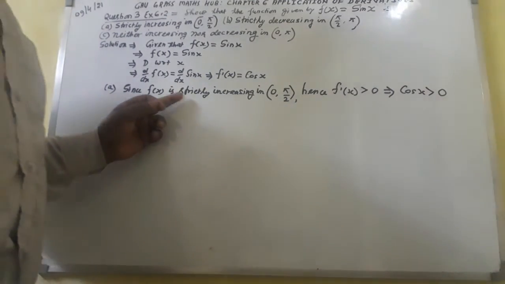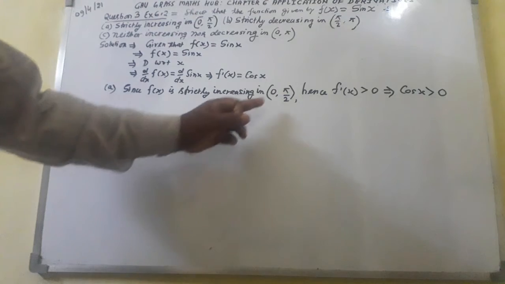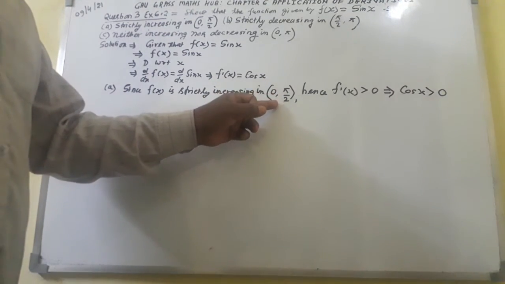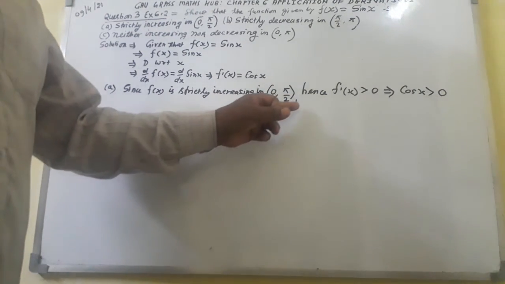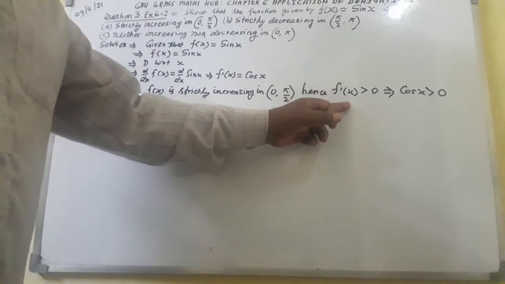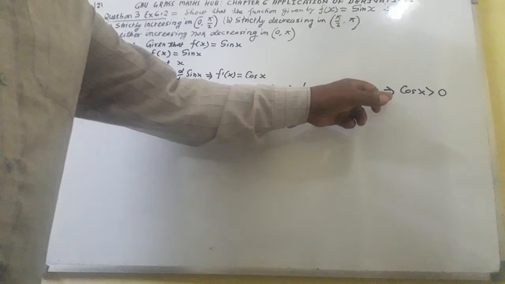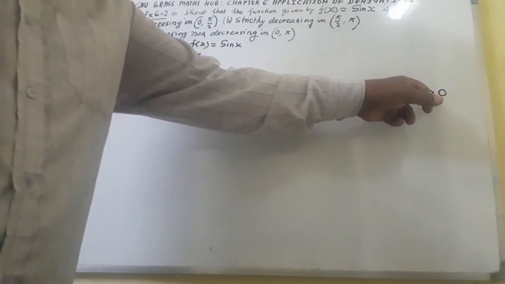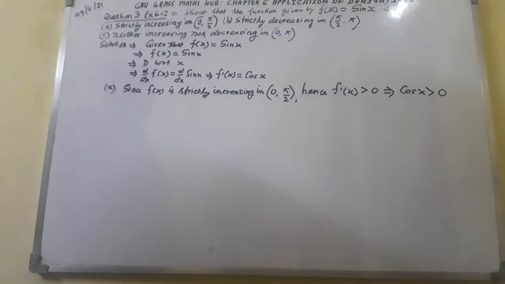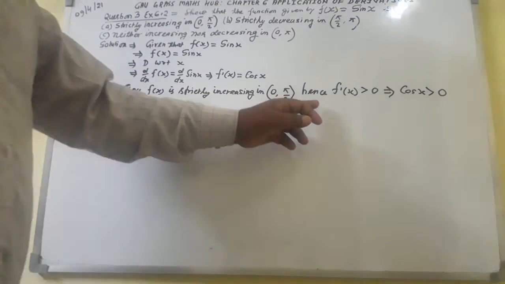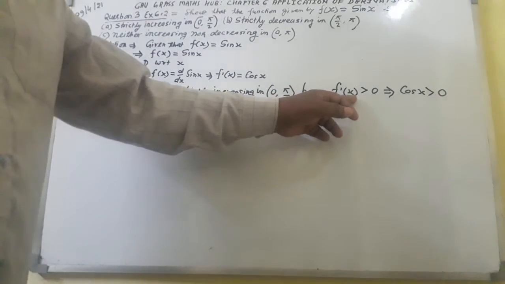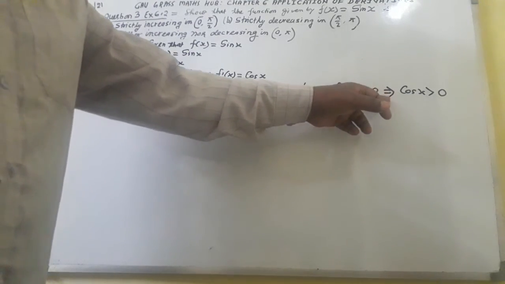Since f of x is strictly increasing in the open interval 0, pi by 2, f dash of x is greater than 0, implying cos x is greater than 0.